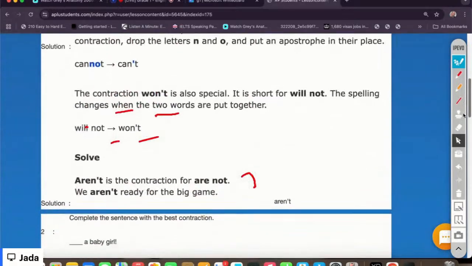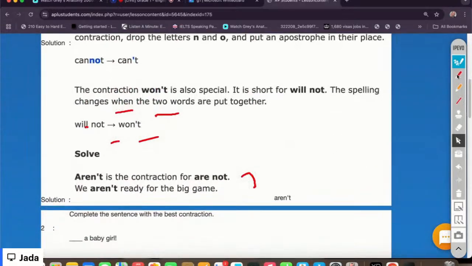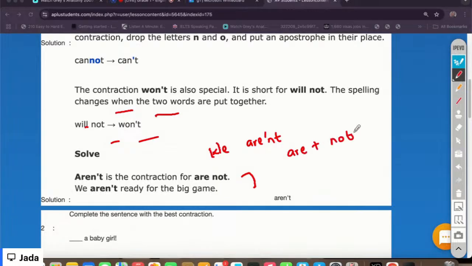We aren't, okay, and aren't is gotten from are plus not, okay. So you take away the o and it becomes aren't. So we aren't ready for the big game.